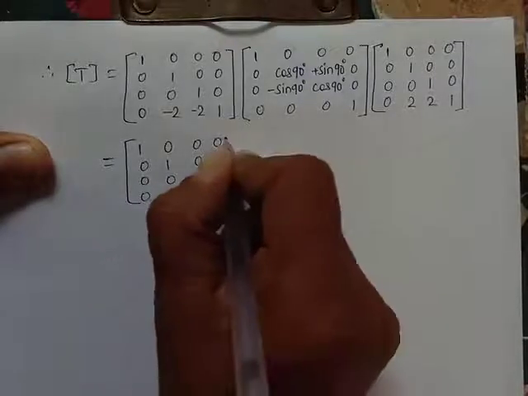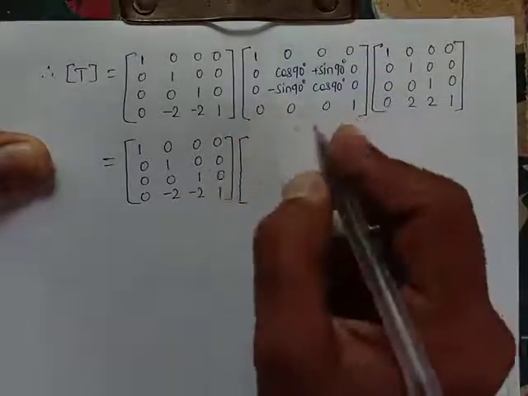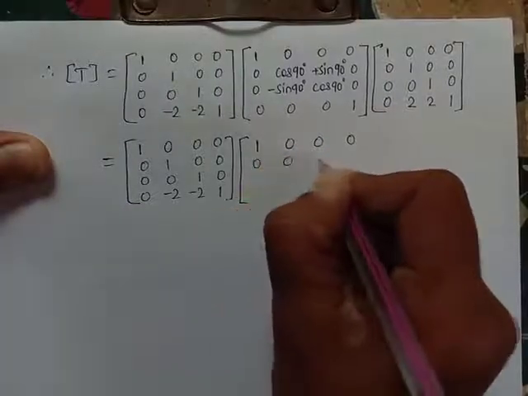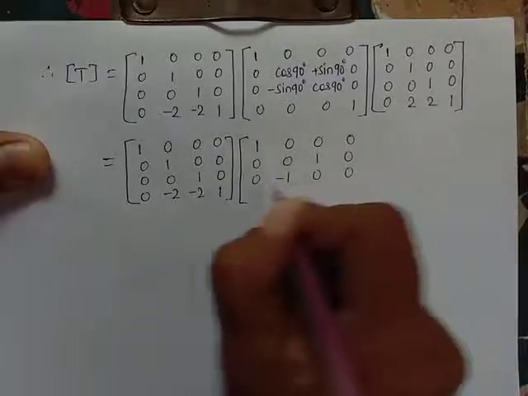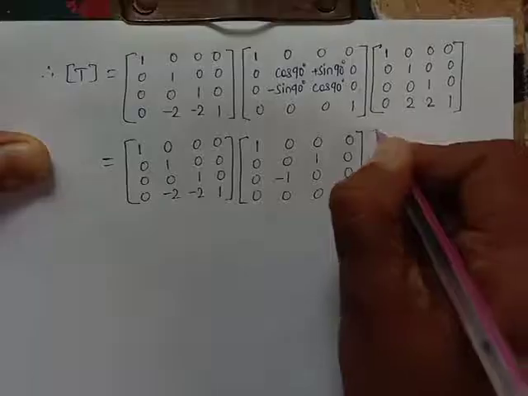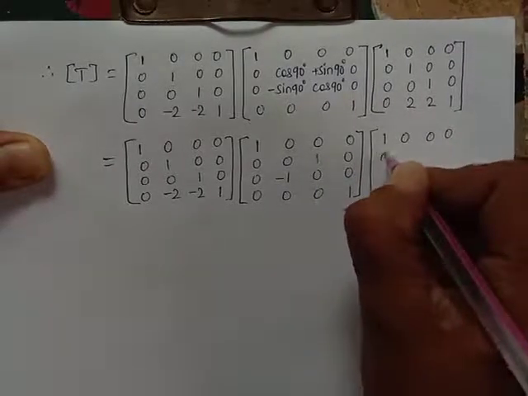I am writing this as it is. I simply want to write the simplified form of this one. So 1 0 0 0, 0 0 1 0, 0 minus 1 0 0, 0 0 0 1. Put the values of cos 90, sin 90. We get it as such.